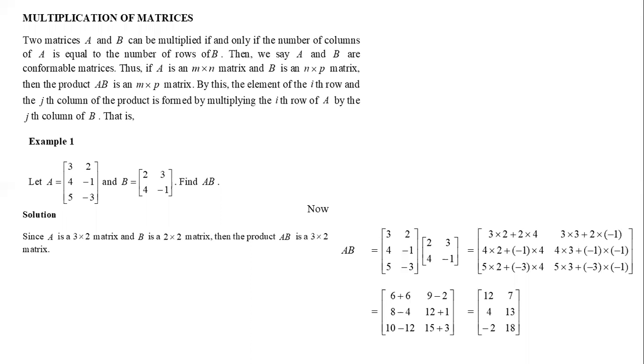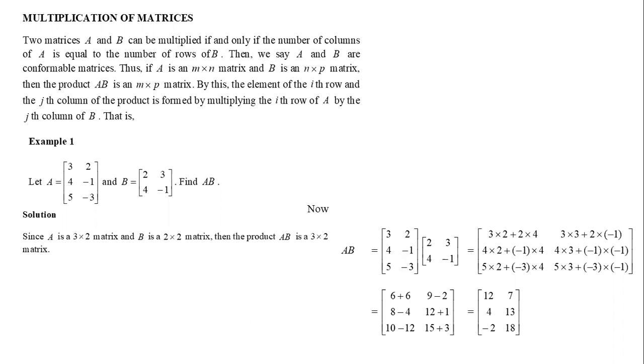Okay, you can do it in that same way. This is what I did: I used the row of A to multiply the column of B, as in this example. I have 3 times 2 plus 2 times 4. That will give me the first element of the result.